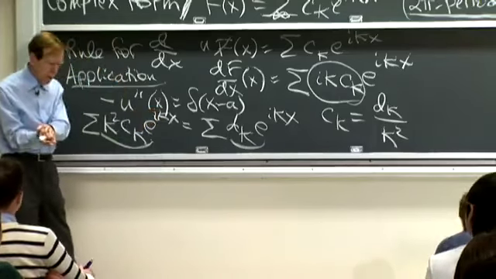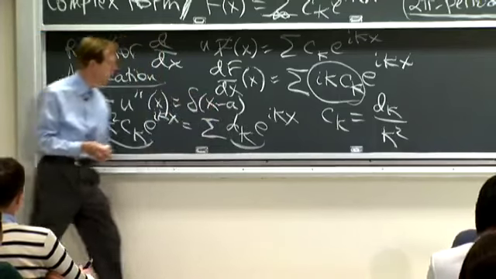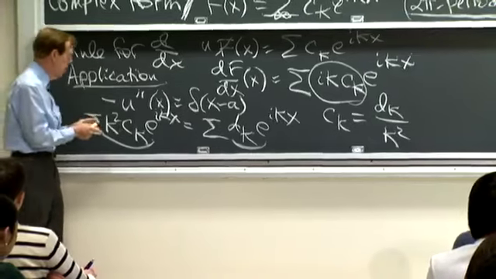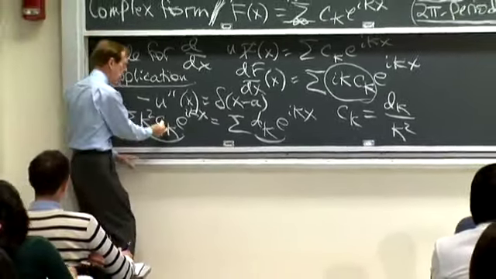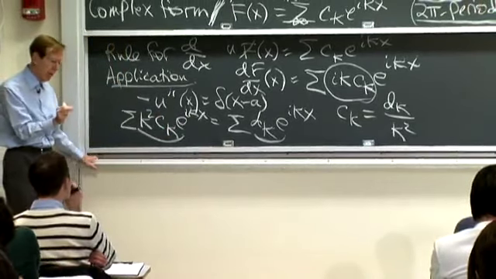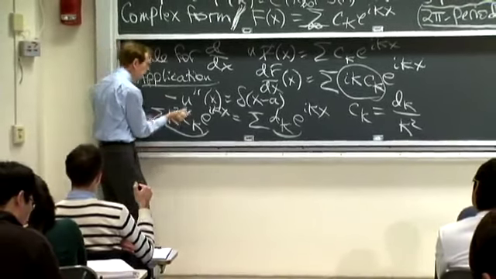Go into the frequency domain. Write the right-hand side as a Fourier series. Second quick step is look at the equation for each separate Fourier coefficient. Match the coefficients of these eigenvectors, eigenfunctions.